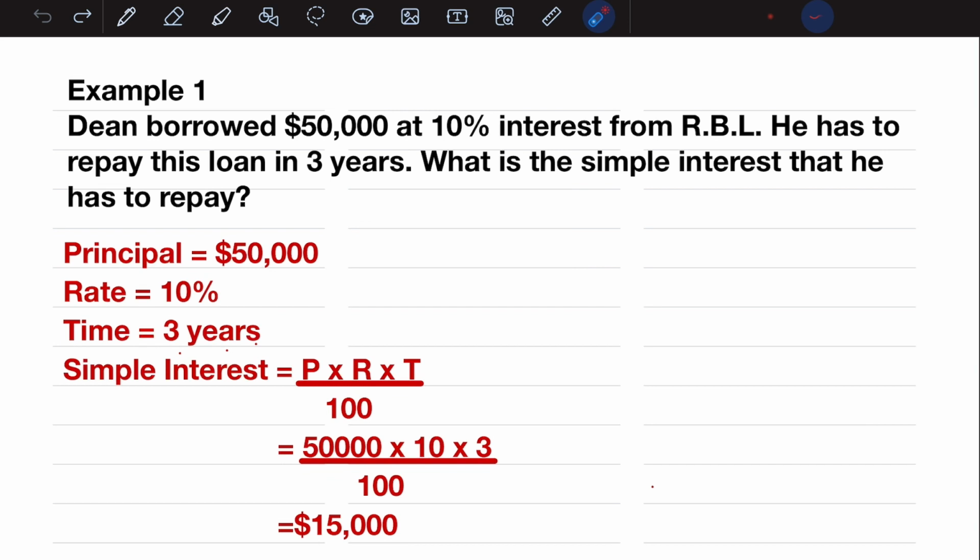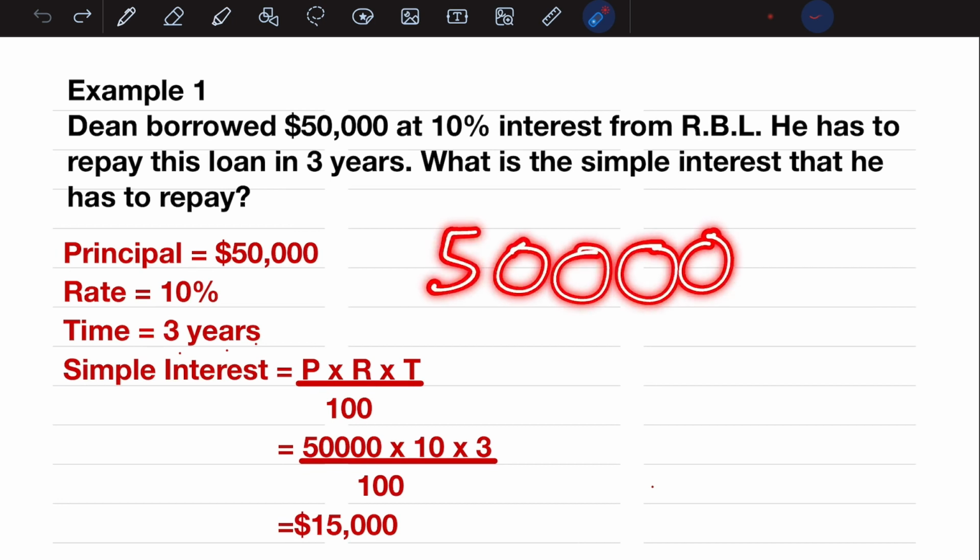So the formula for simple interest is principal times rate times time over 100. So simple interest is really how much more you are going to pay back. So you borrowed 50,000. Of course, you have to repay the 50,000, but not exactly 50,000. You have to pay 50,000 plus the simple interest.